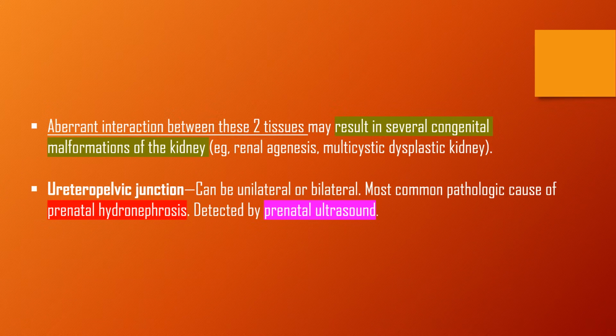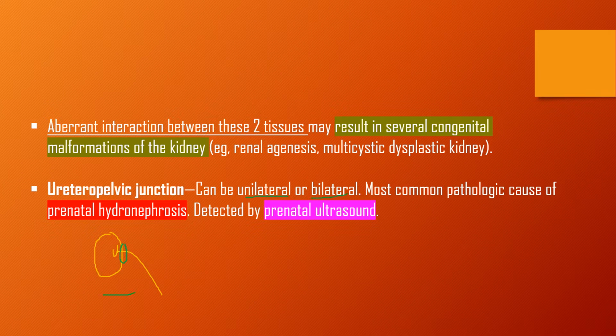Ureteropelvic junction. It is the junction between the renal pelvis and the ureter. This is the renal pelvis and this is the ureter. So this is the ureteropelvic junction. It can be unilateral or bilateral.